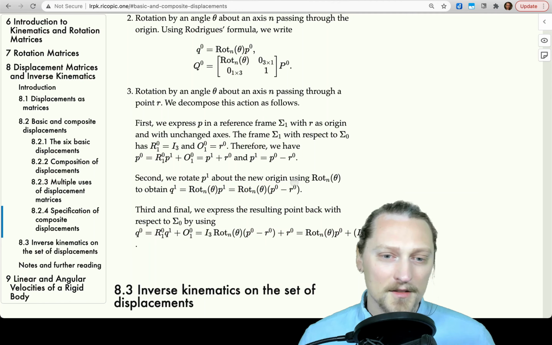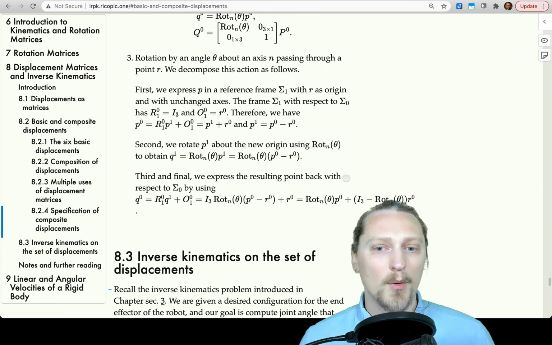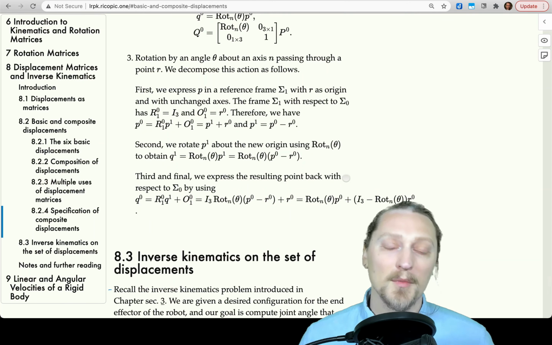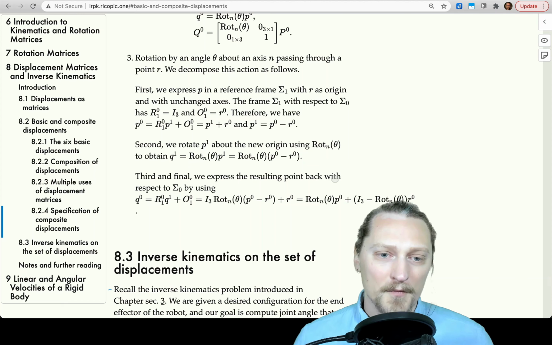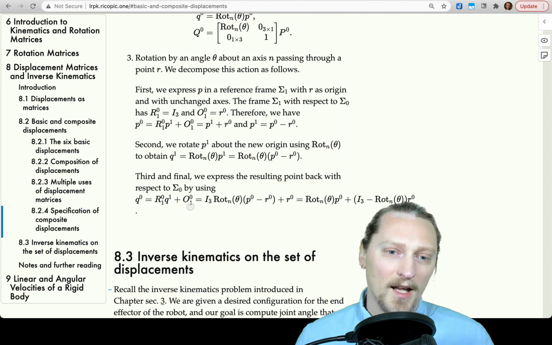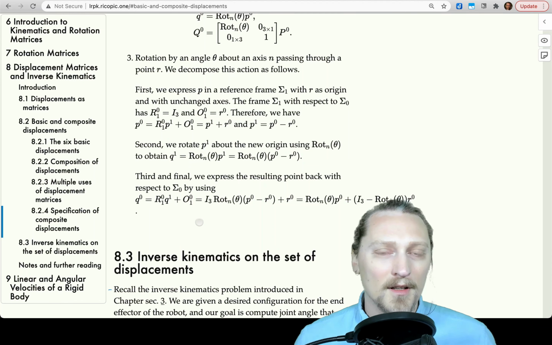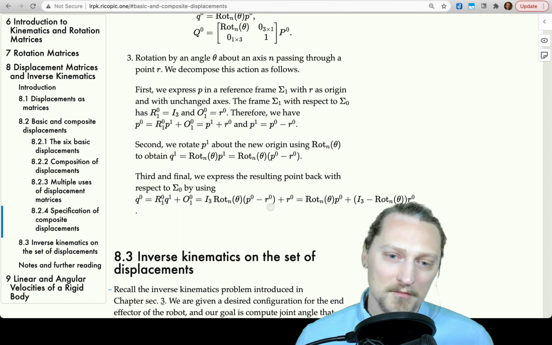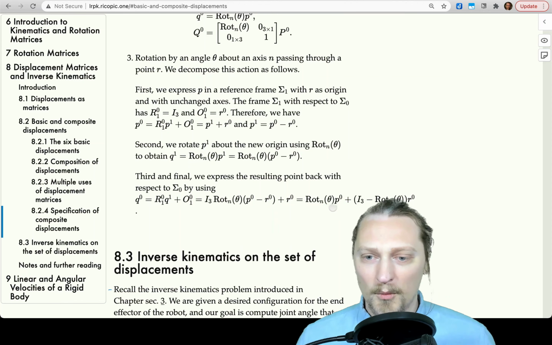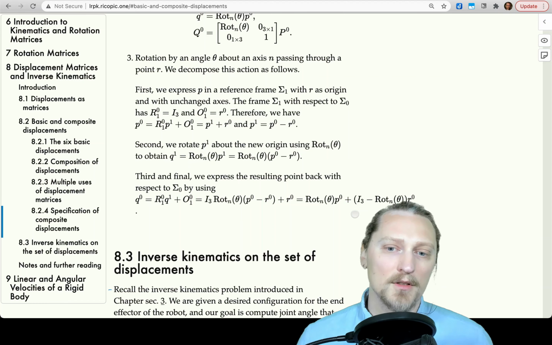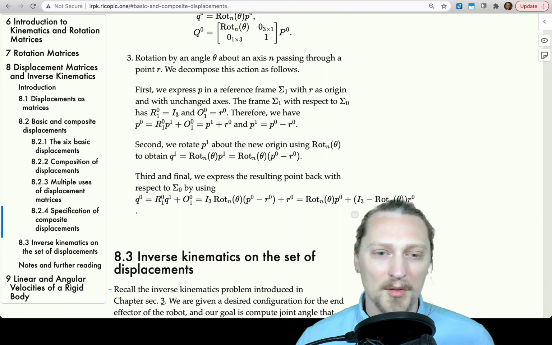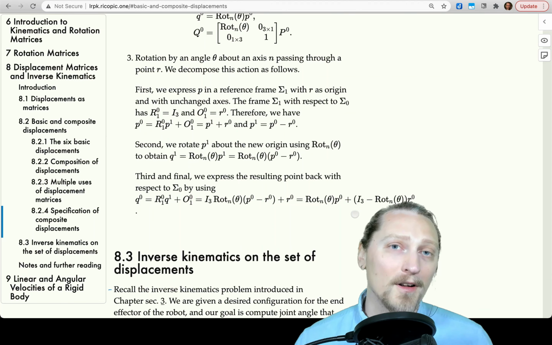Our third and final step is to express the resulting point back with respect to sigma 0 by using the rotation and the origin displacement and plugging those in. We get this expression here, which is expanded upon in the table above in the 3rd row. So that's what we've got for this composition of the basic displacements.